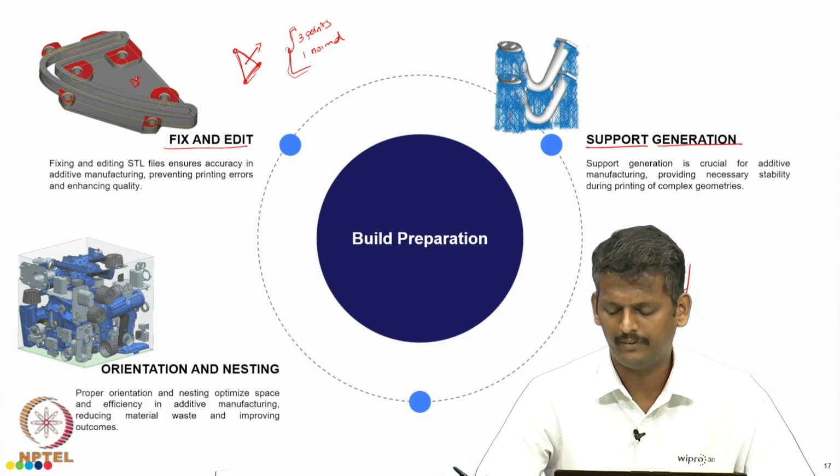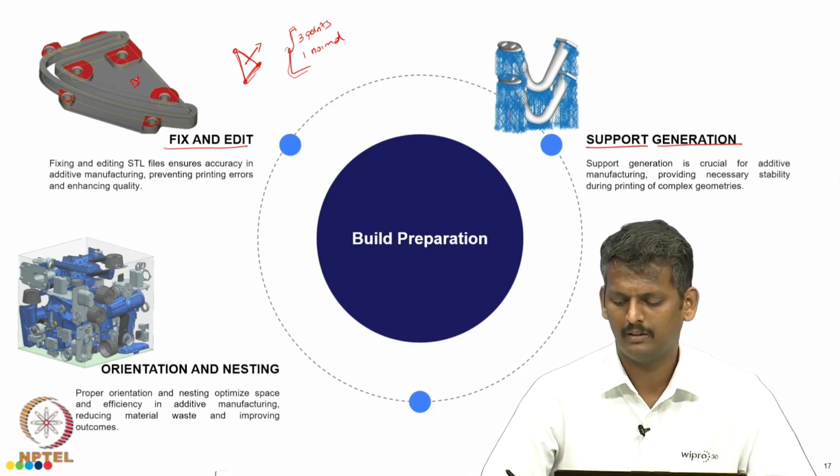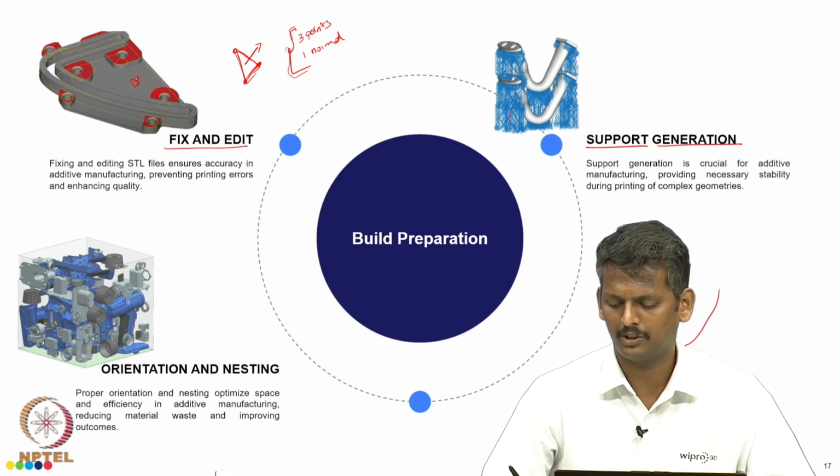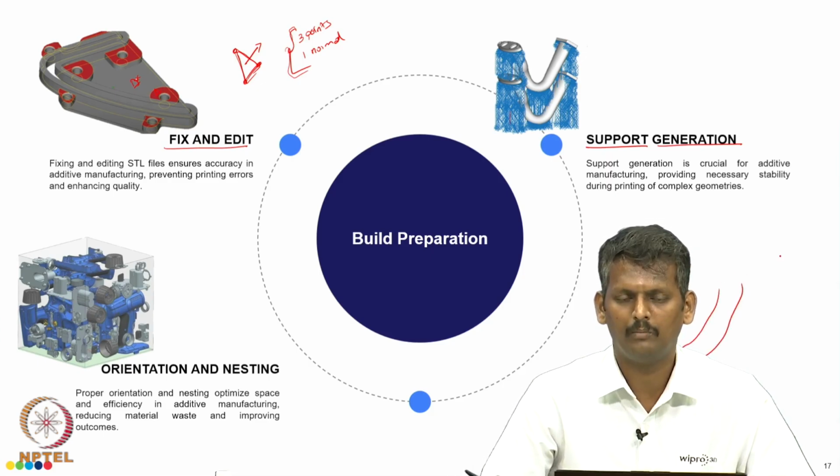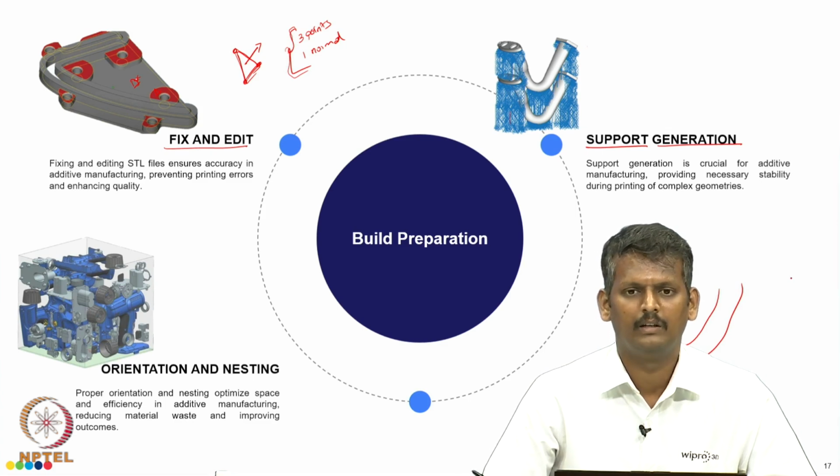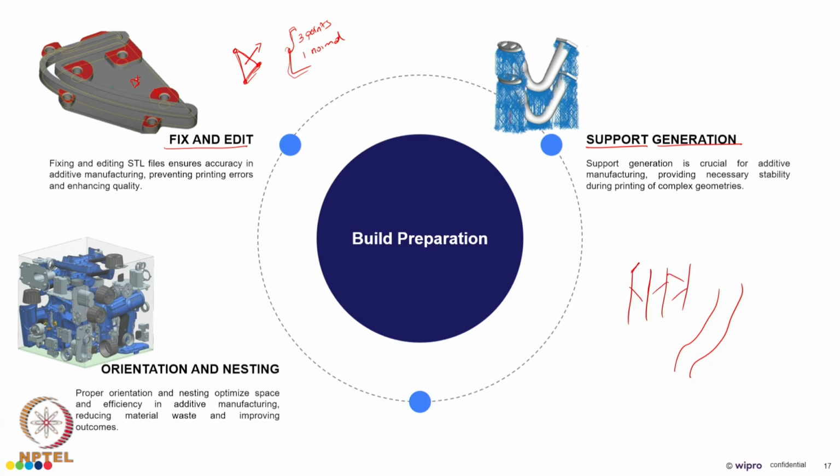But when it comes to FDM kind of support structures, it might have a tree type of support structure which will hold the model, or it can even have an infill type of support structure which can hold the model. And when it comes to tree type support structure, it will have basically one big tree with multiple branches, and it goes and connects to multiple places of the overhangs.